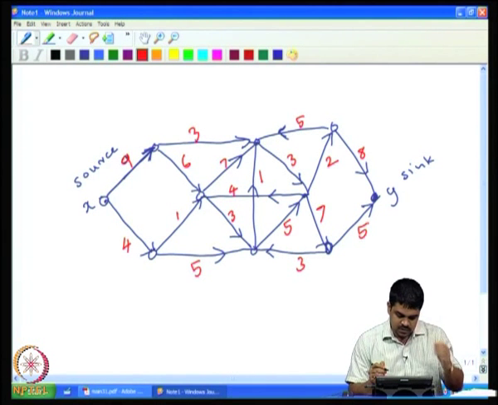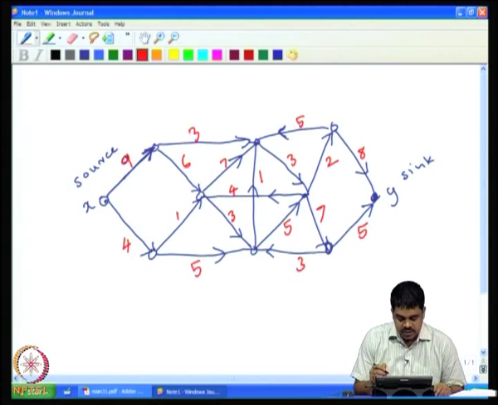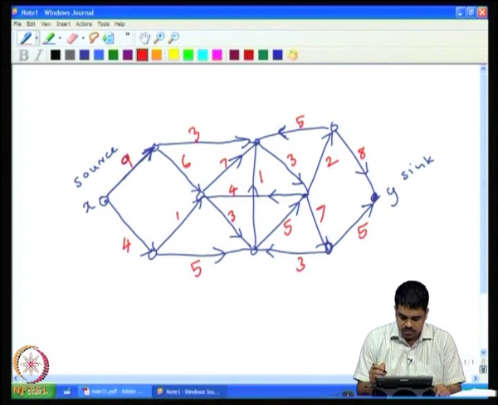These are the capacities. So, this together with the capacity function, this is called a network, right.